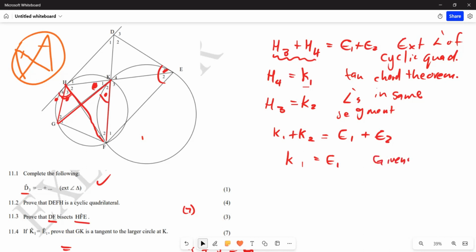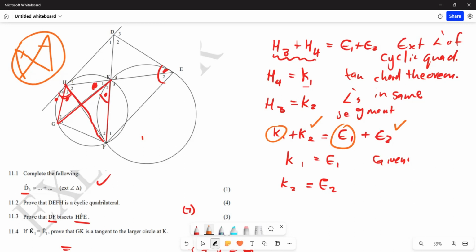And then from here, what is it that I can also conclude? I can also conclude that my K2 is going to be equal to E2. Are we together? Because if I have already proven that this angle here, K1, is equal to E1, then I can also conclude that this angle is equal to this one, right?